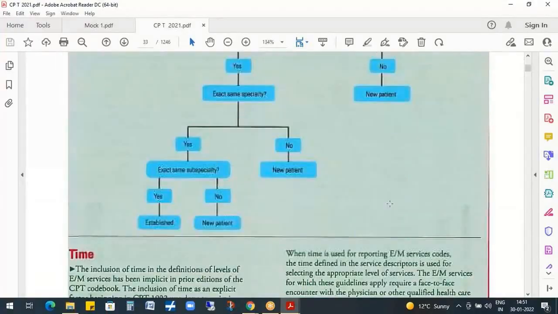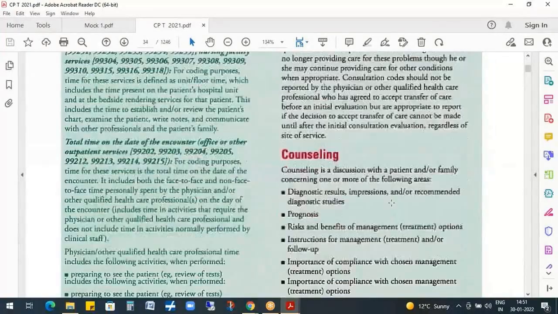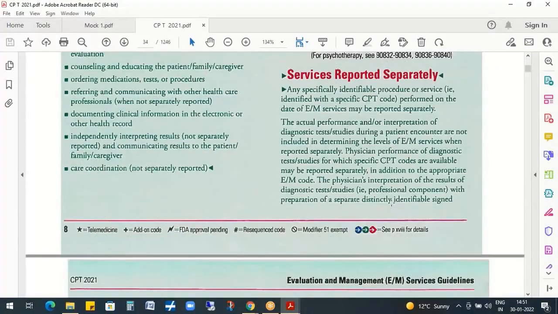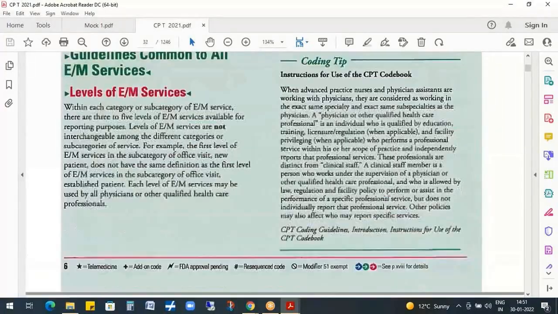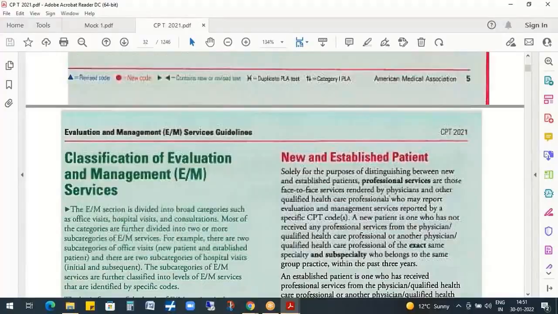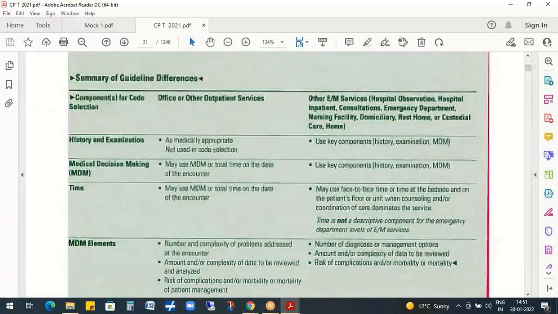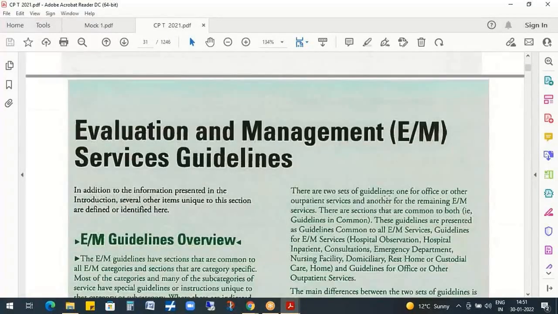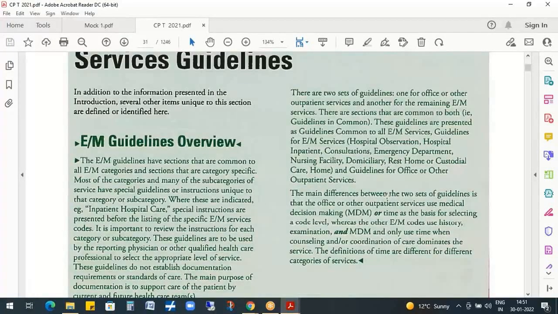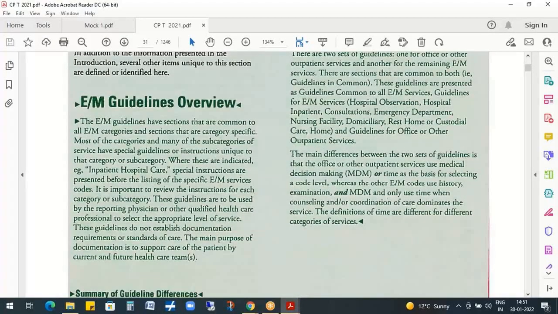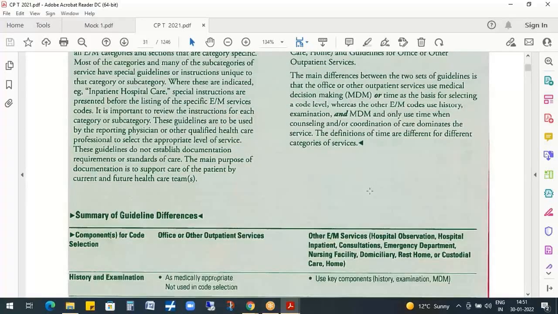Page number 5. There you will get, time is not a part of it. Time is not a part of it, okay?